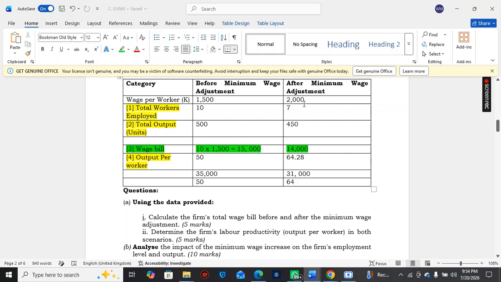After the minimum wage adjustment, we have 7 workers getting paid 2,000. So 7 multiplied by 2,000, the wage bill is 14,000. Any questions on the wage bill? That's the 5 marks there.